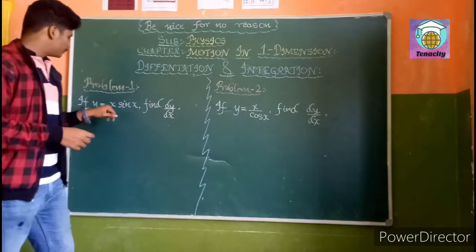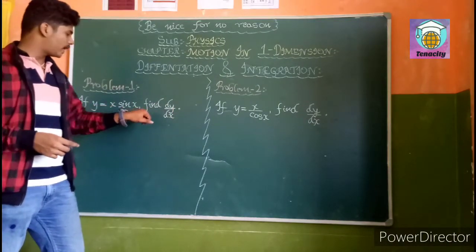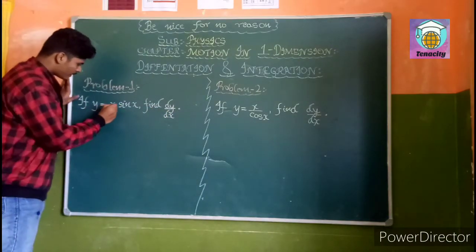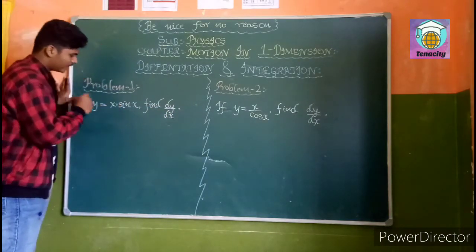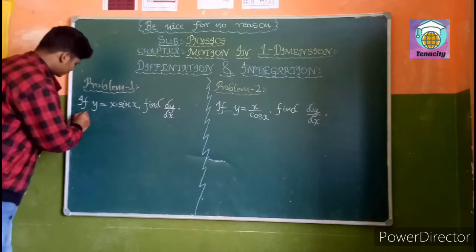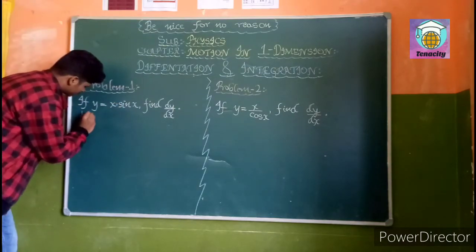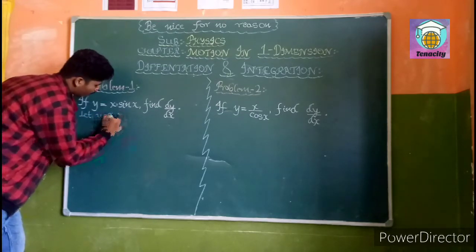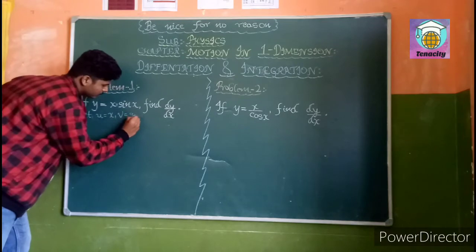If y is equal to x sin x, find dy by dx. So they have given y is equal to x into sin x. Let u be x, and v is equal to sin x.